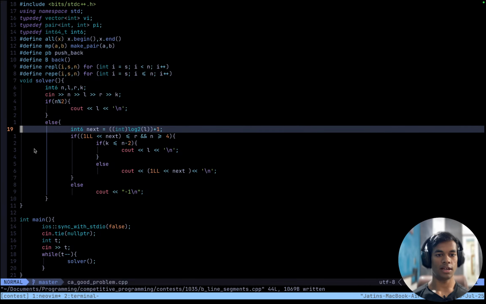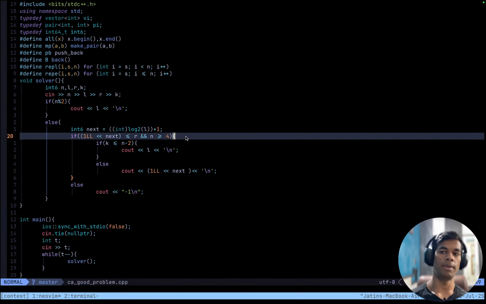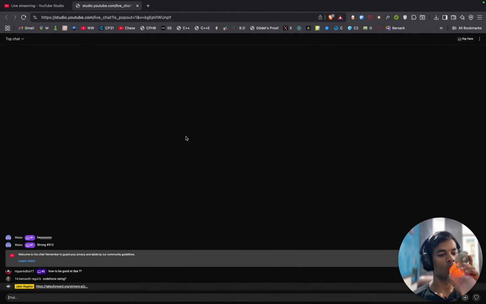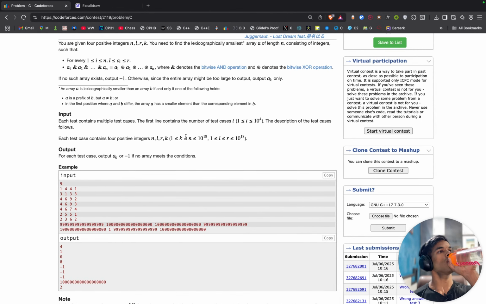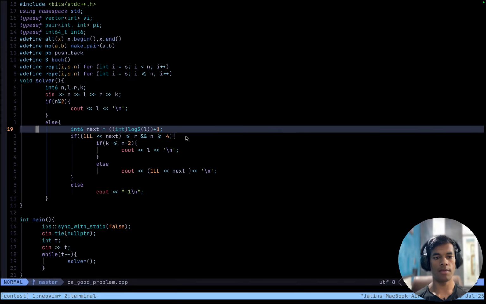And the thing that seems pretty cool to me is this way of finding the next biggest power of 2. Here I'm taking log 2 of L and converting it into an integer and then adding 1 to it.